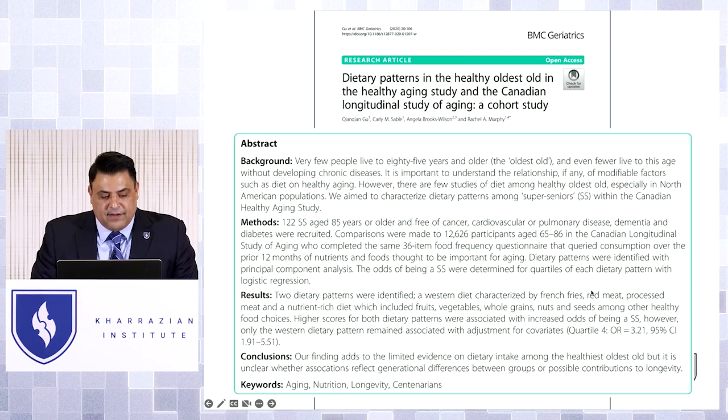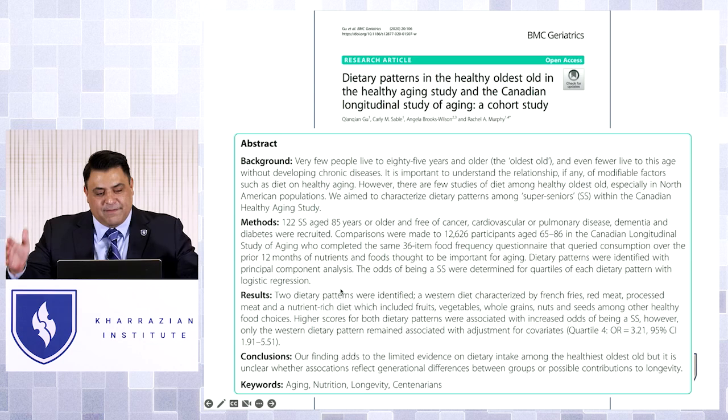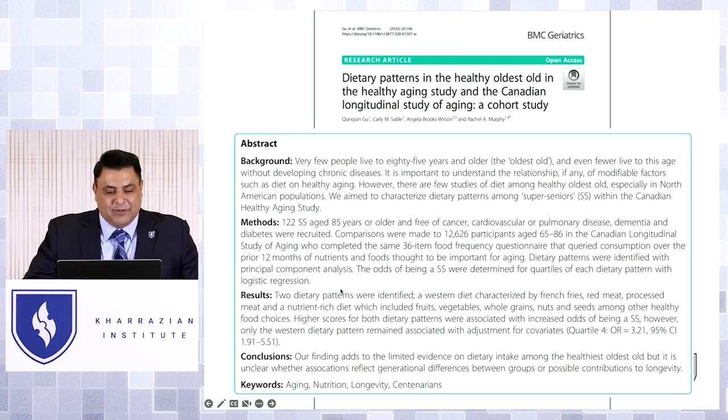Dietary patterns were identified with principal component analysis. The odds of being a super senior were determined across the 4 quartiles of each dietary pattern with logistic regression. So they're looking at 85-year-olds who have no disease, and what they're doing in comparison to the rest of the population.